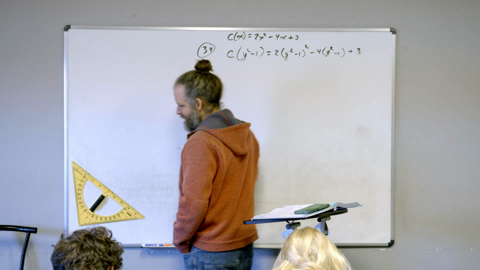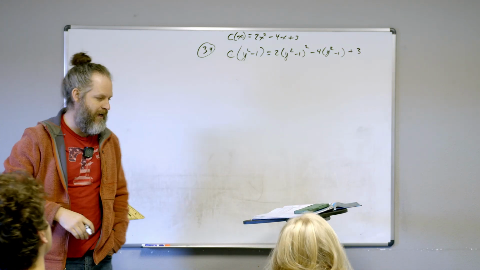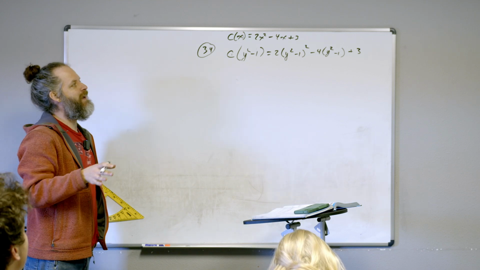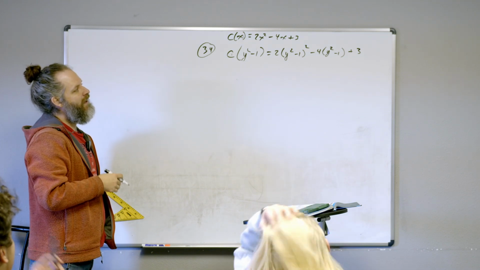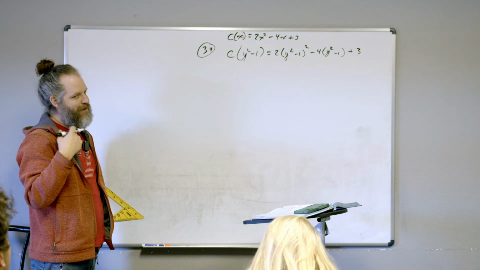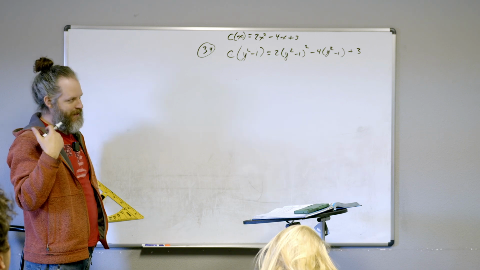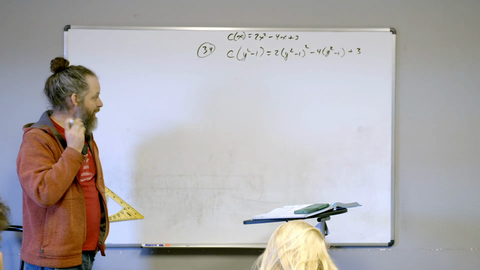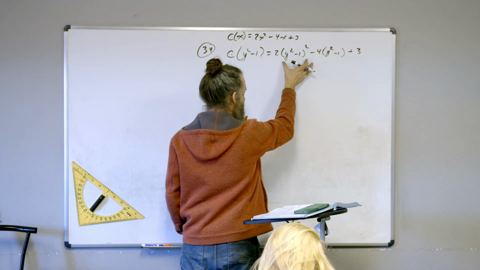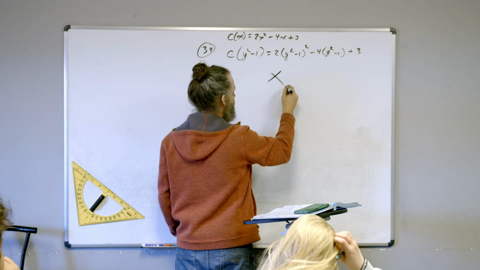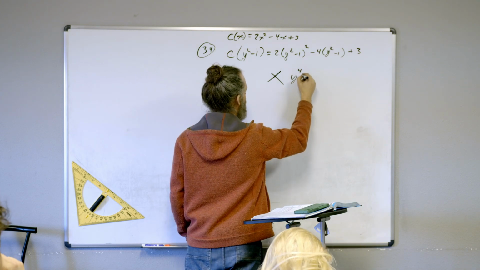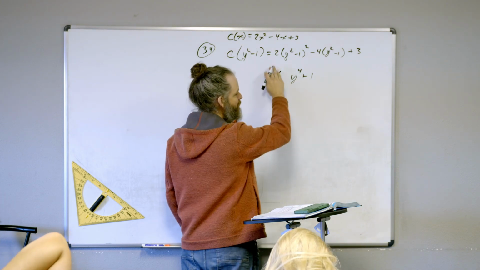a big, very common mistake. I cannot make this statement big enough, because this is really common. And no matter how many times I say this, people still make this same mistake. But the answer to this little chunk is not y to the 4th plus 1. You don't just square them both.